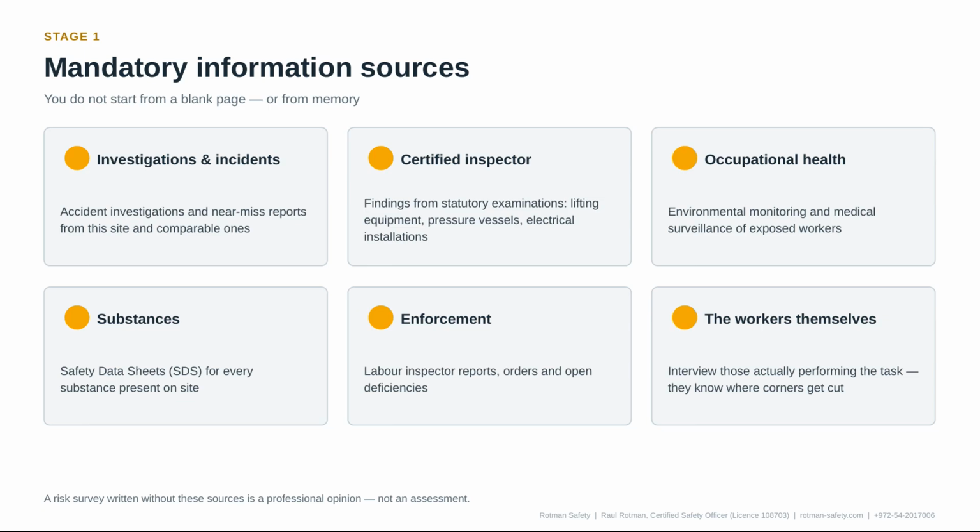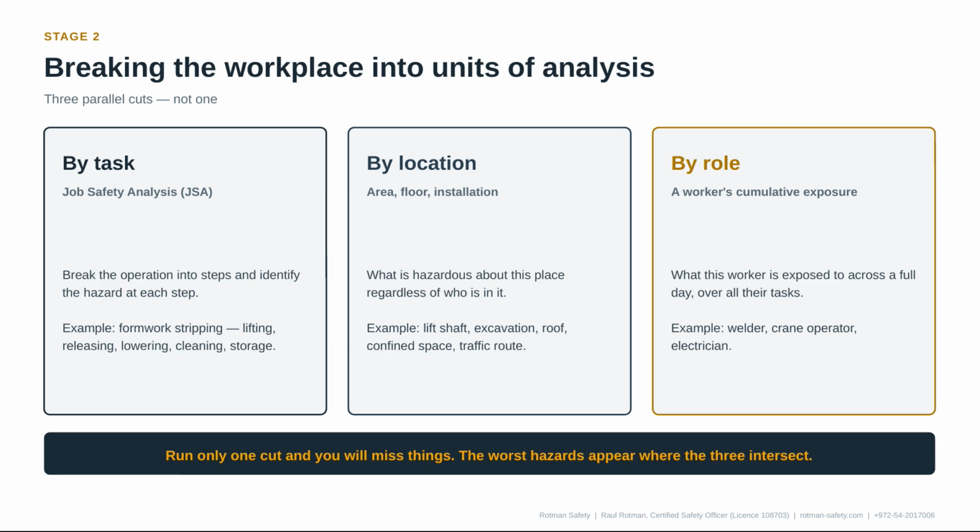The 2 sources most often skipped are previous investigations and worker interviews, and those are precisely the 2 that reveal the gap between the written procedure and what actually happens in the field.